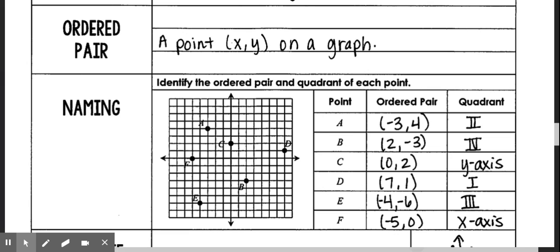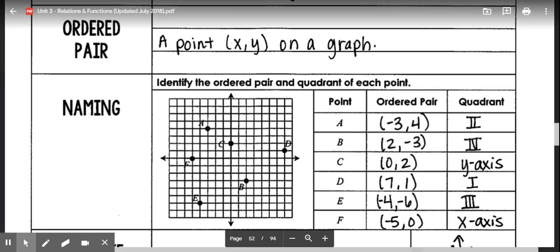E would be at negative 4, negative 6 in quadrant 3, and F would be at negative 5 on the x-axis, and it does not move up or down, so it has no y value. So F would be negative 5, 0 on the x-axis.